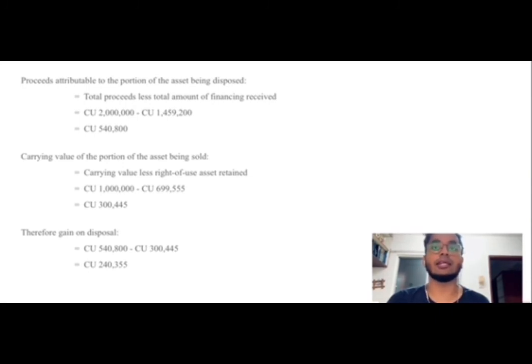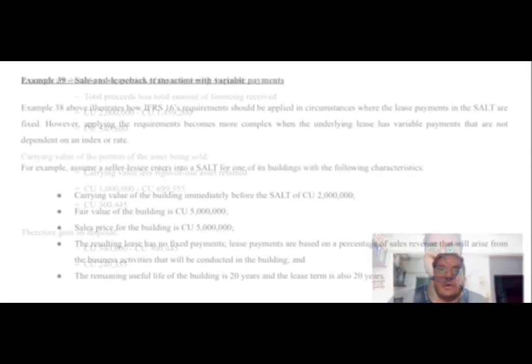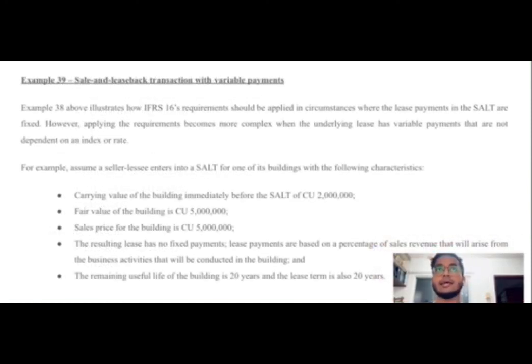Therefore, the gain on disposal would be CU 540,800 minus CU 300,445, and we'll have CU 240,335. Now, let's look at another example: a sale and leaseback transaction with variable payments.